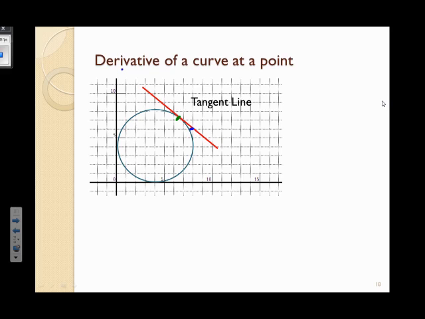But we could, if we extended this red line, find the slope of this tangent line, which would be the slope of that point of the circle, which is also the derivative of that point on that circle. So that's what we need to do. If we can draw a tangent line to the point where we're trying to find the derivative or find the slope on a curve, then we will find the slope or the derivative at that point.